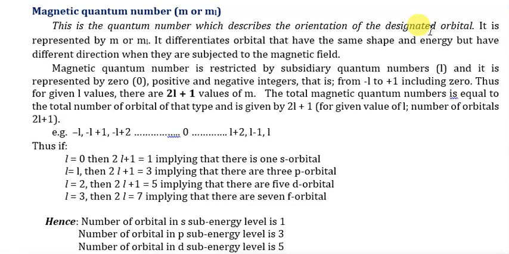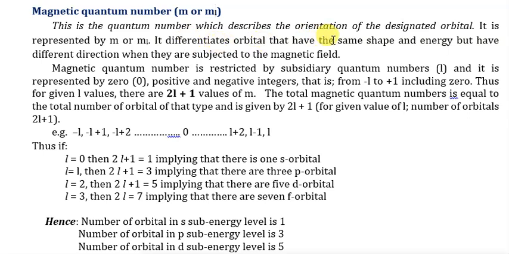So two objects, they may have the same shape but they may differ in orientation. Vitu vile vinaweza kuwa vina shape moja ila mkao wake vikawa vina tofautiana. So orientation ni mkao. It is represented by m subscript l.